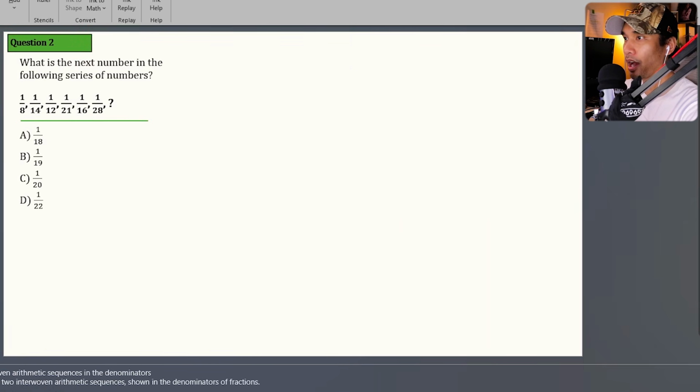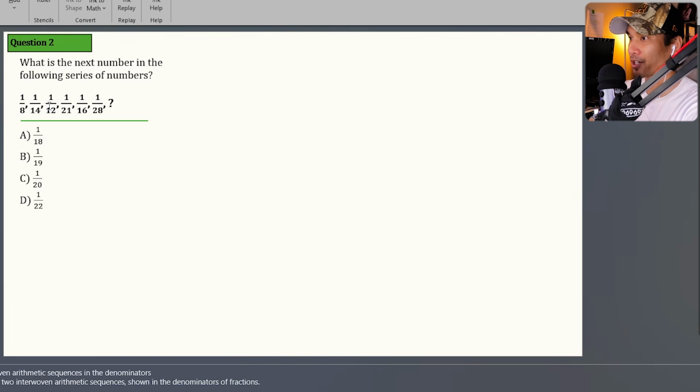Okay, moving on. Question number 2. This looks disgusting. I don't like fractions. But once we look at the numbers below, which are the denominators, we'll figure out that that's what we should be focusing on. So I would not really pay attention to the fraction at the top.